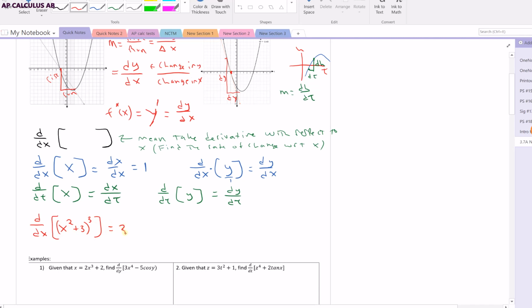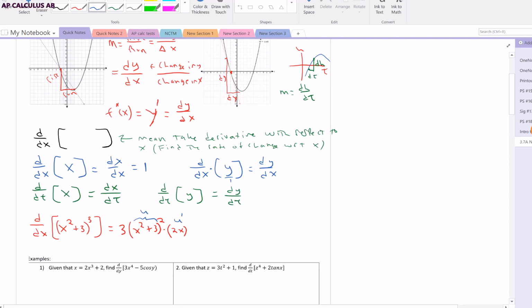And we'd say, well, it's 3 times, the inside stays the same, subtract 1 there, and then multiply by the derivative of the inside, right? So basically this whole thing was kind of like our u, and then we multiplied by u prime on the outside.